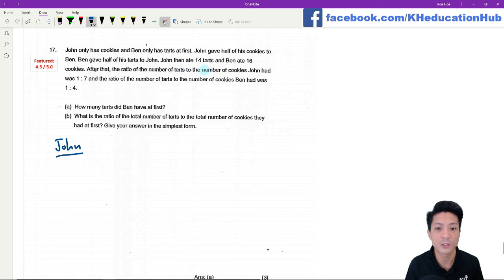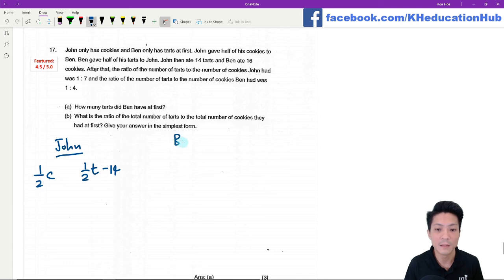And then Ben gave half of his tarts to John, which means that John will have half of the cookies, and he received half of the tarts from Ben. But John ate 14 tarts, which means that I need to minus away the 14.